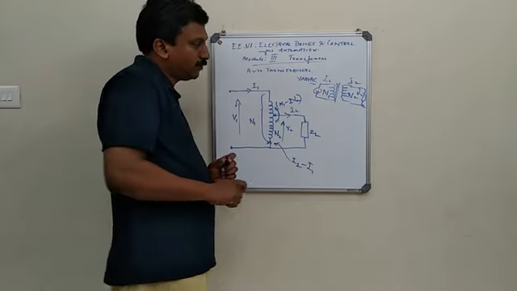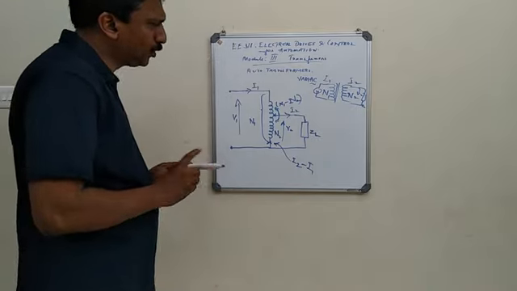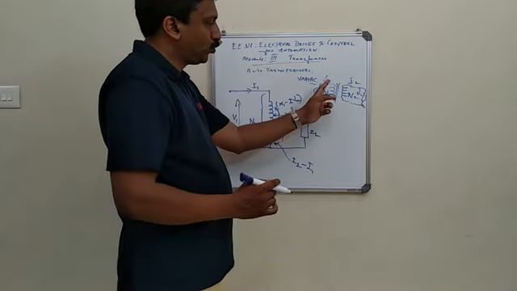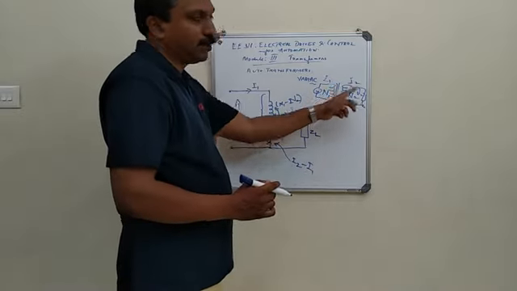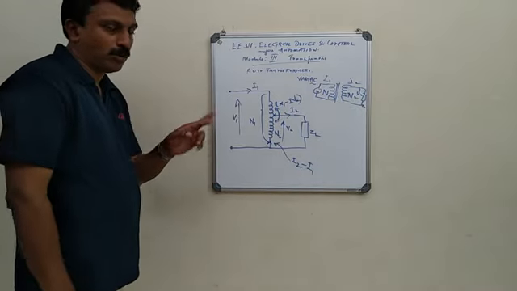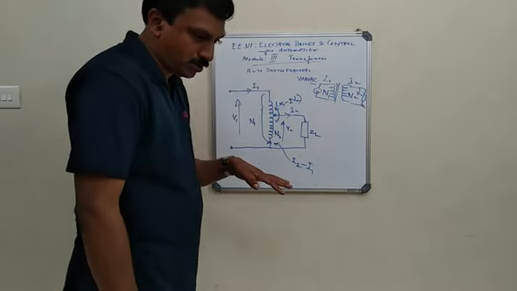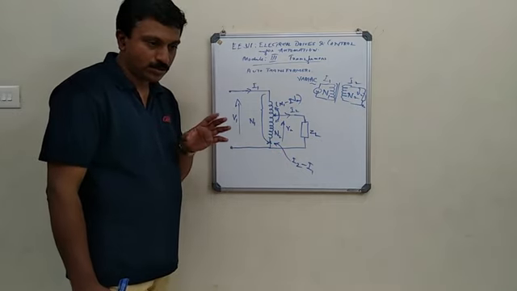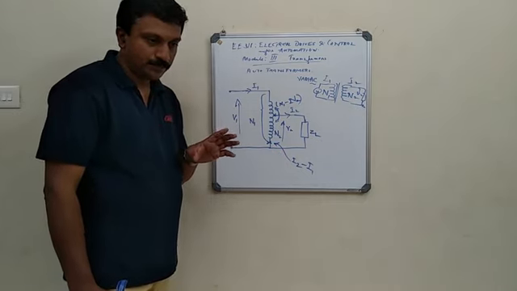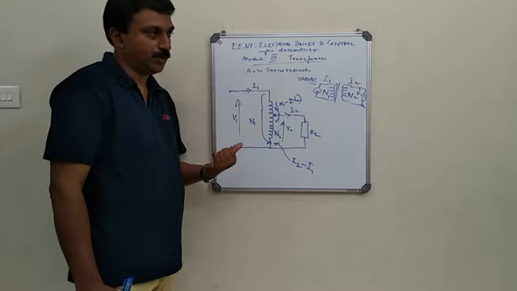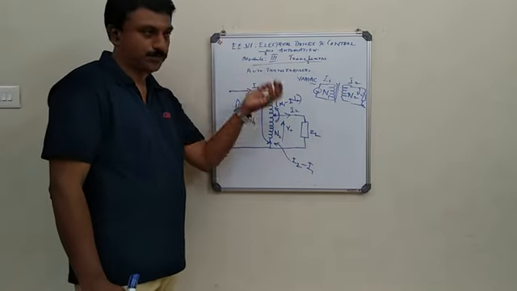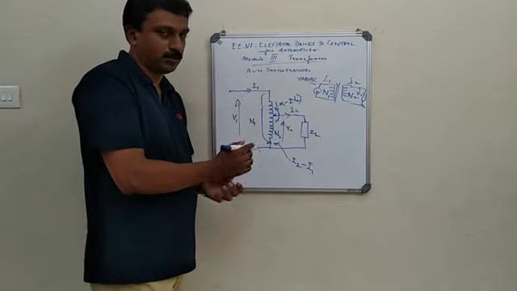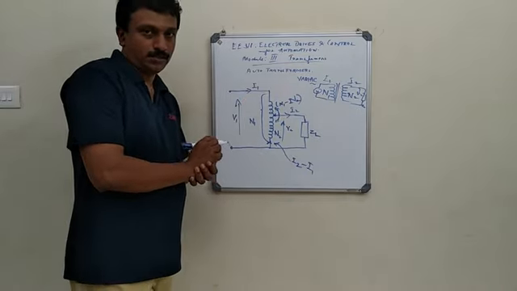In the case of an ordinary two winding transformer, you have two currents, I1 and I2, and two ampere turns. And this ampere turns, as we know, determines the amount of copper, because the number of turns times the current is indirectly related to the cross-sectional area of the winding.